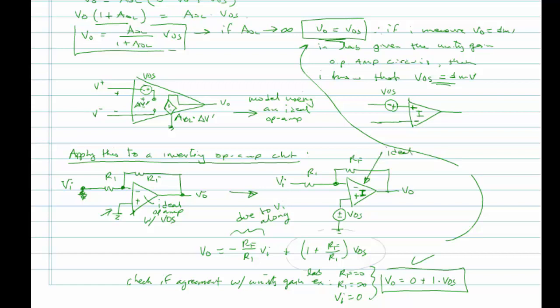You take your circuit that you're given and you replace the op-amp, or you put an I in it to say this is an ideal op-amp, and then you physically add the offset voltage on your schematic. The polarity of the offset voltage, VOS, is that its positive goes into the positive, or non-inverting, input. And then when you solve it, it's just a matter of adding this second component by doing superposition. So it's very simple to include in your analysis.